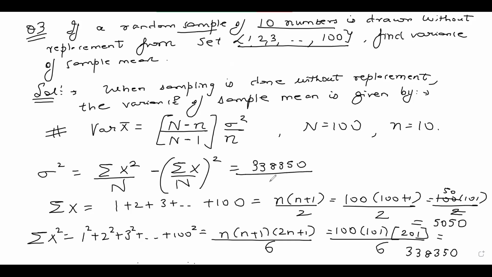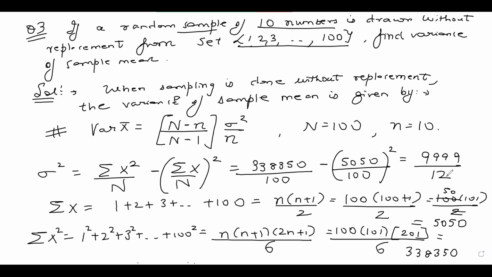So sigma square is 338,350 over 100 minus summation x, 5050 over n, 100, squared. If you use your calculator now to find the answer, you will see that sigma square comes out as 9999 over 12. You can verify this using your calculator also.